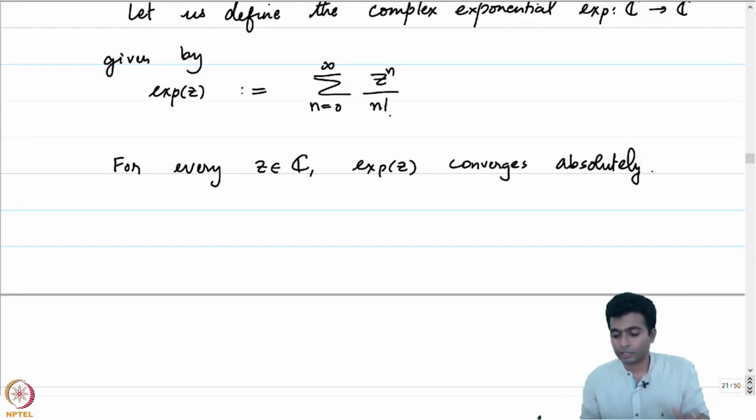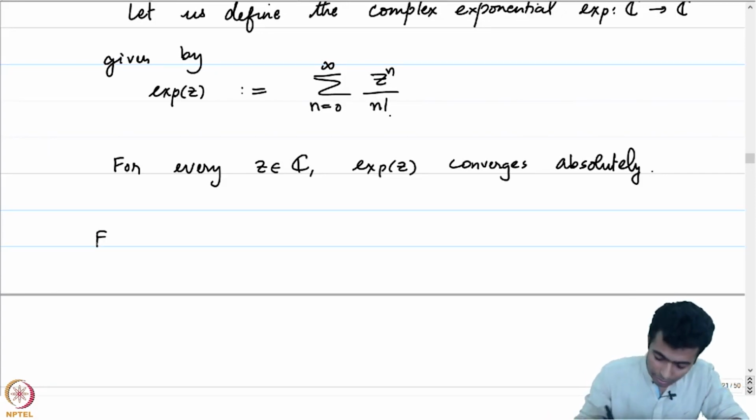The complex exponential also satisfies some properties which are very similar to the real exponential. Let me note it as an exercise. Let us denote by e to the power z the exponential function, as a shorthand notation.